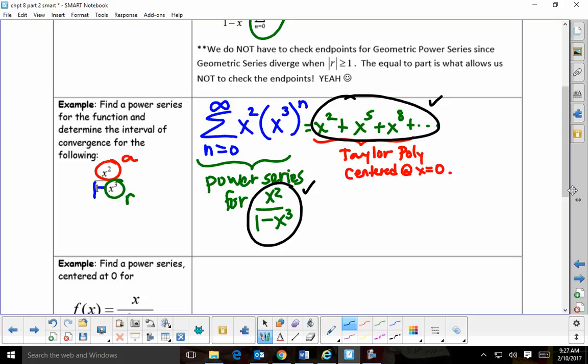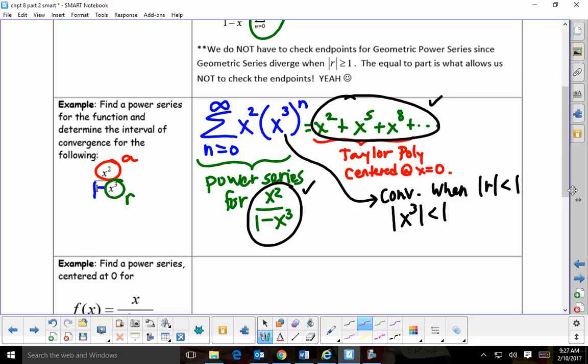Okay, so my interval of convergence, I'm going to have to use my condition. I know that I converge when the absolute value of r here is less than 1. Yes? So in r's, we're looking for where the absolute value, what's our r? X cubed is less than 1. And recall, we're trying to get that as the absolute value of x minus c less than the radius, right?